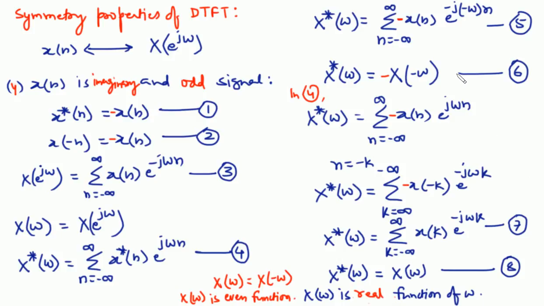And if I compare expression 6 and 8, then X omega is minus of X of minus omega. And if X omega is minus of X of minus omega, then X omega is an odd function. So if x[n] is imaginary and odd signal, then its DTFT is real and odd function of omega.